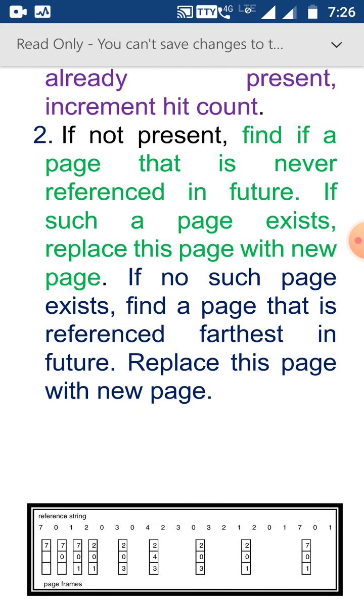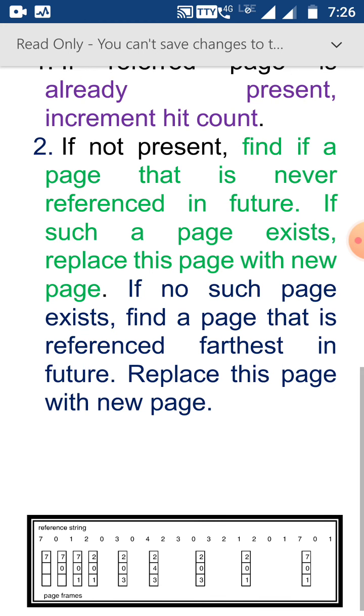I advise all the students to work out this example. Using the optimal page replacement algorithm, the number of page faults is reduced the most.